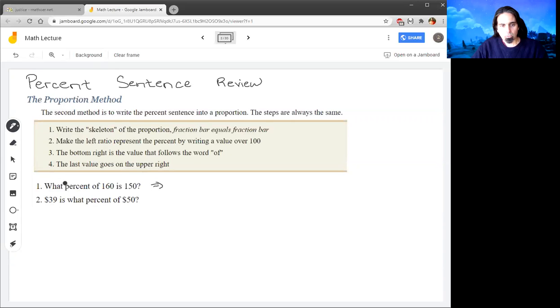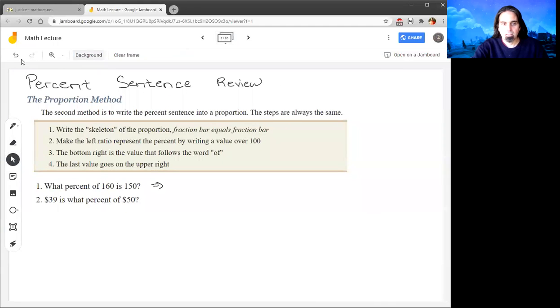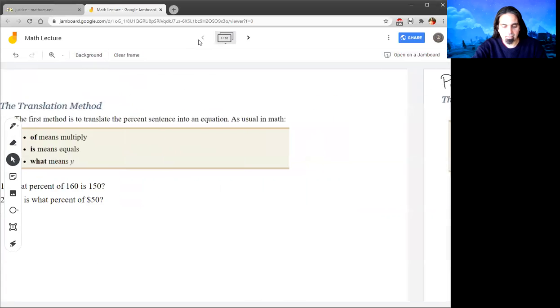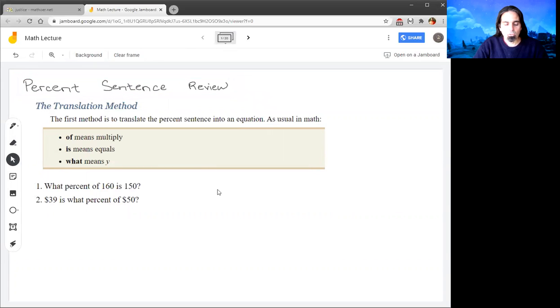We'll translate, whoops, I'm on page 2. Okay, the first one, what percent of 160 is 150?